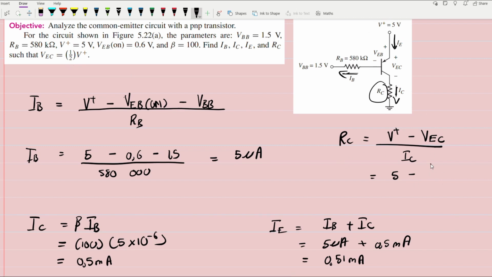So we have 1/2 times V positive, which is 5, all divided by the current IC, which is equal to 0.5 milliamperes, so 0.5 multiplied by 10 to the power of negative 3. This gives us the value for RC. So RC is equal to 5 kilo ohms.